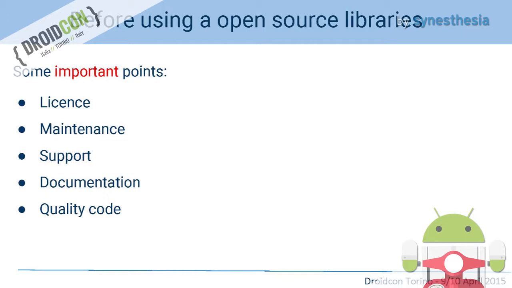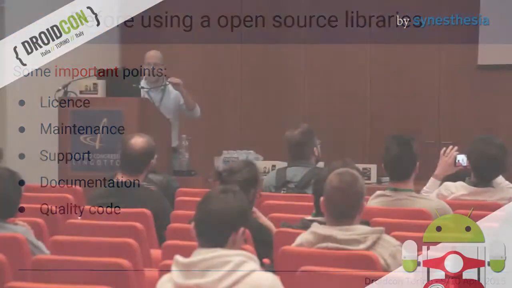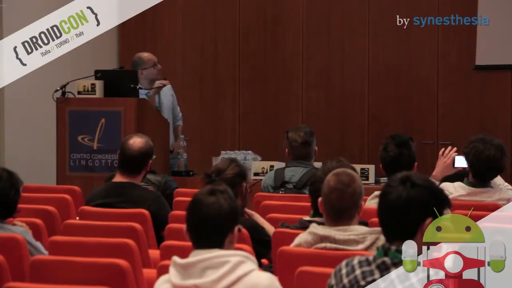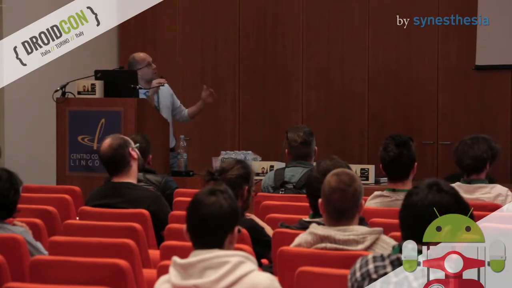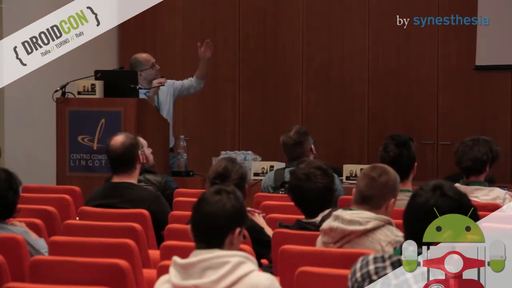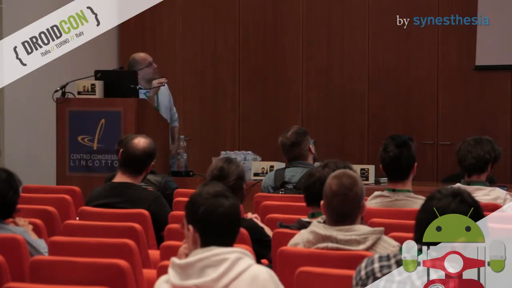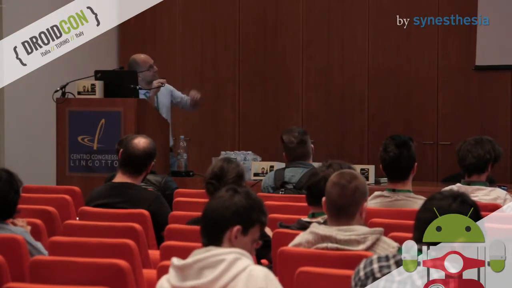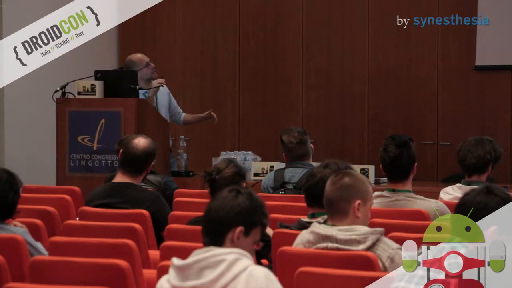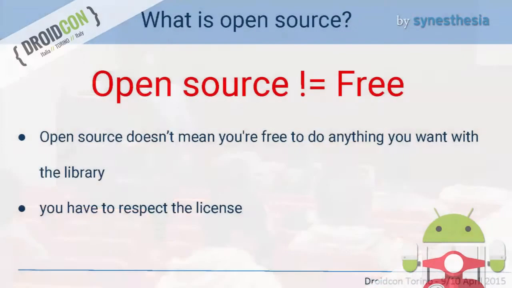Then the maintenance, the kind of support that you can find, the documentation, and finally the quality of code. Usually, when my team decides to use an open source library in a real project, we check these points to be sure that we can use these libraries in a good way.